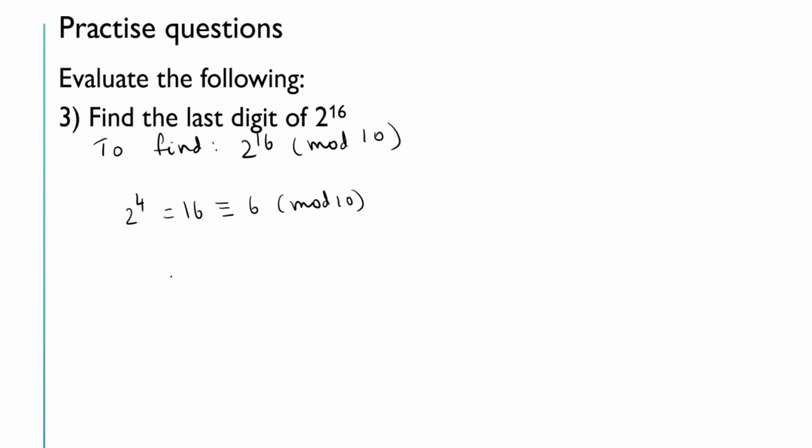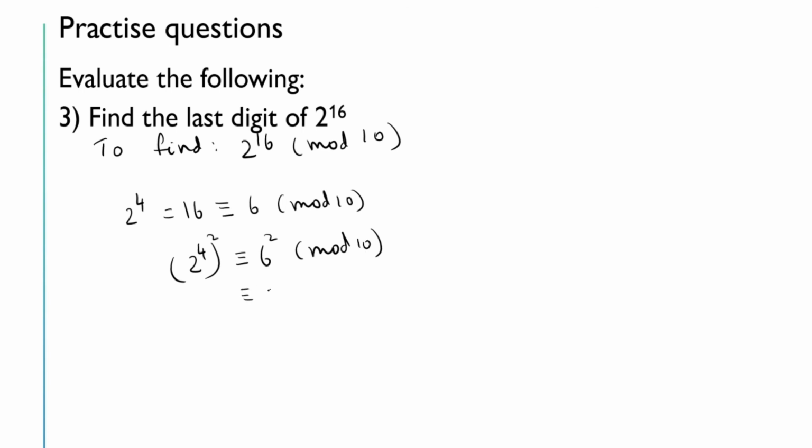Now, we just now saw the property with respect to exponents. If a is congruent to b mod n, then a raised to k is congruent to b raised to k mod n. So, here we have 2 raised to 4 the whole square congruent to 6 square mod 10.